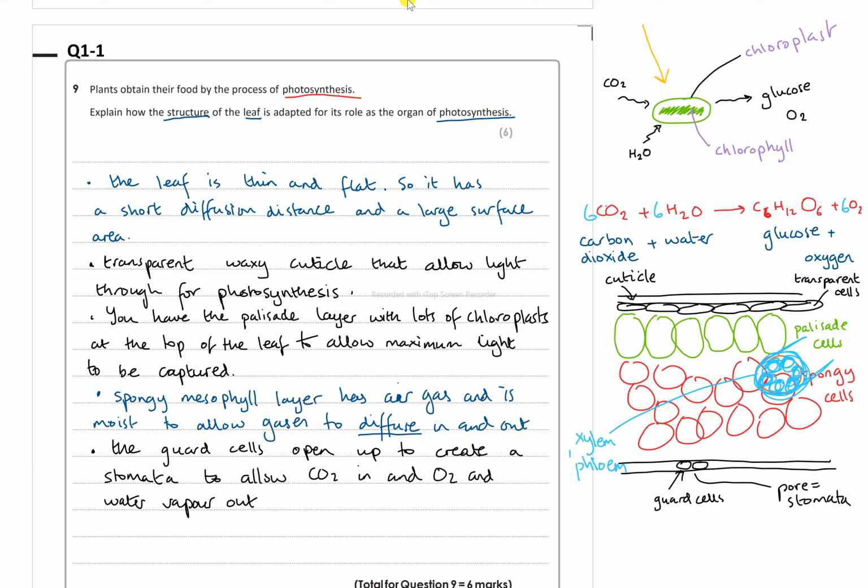Sometimes you'll take in O2, depends. If there's no photosynthesis taking place, there's no O2 being produced, so the plant needs O2 for respiration, for aerobic respiration.